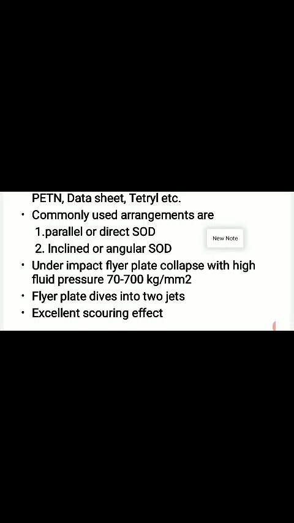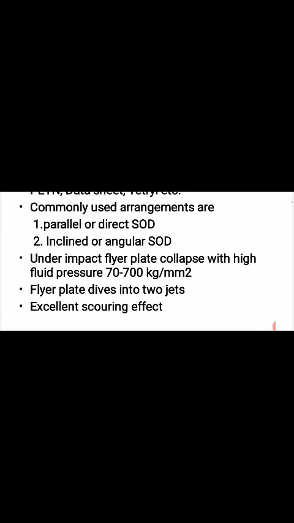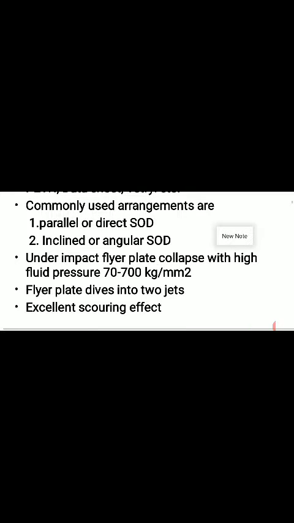In the inclined type arrangement, the welding conditions are controlled by inclining the flare plate at a carefully preselected angle with the horizontal and adjusting the explosive charge to drive the plates together at the optimum velocity. Under the impact, the flare plate collapses with high fluid pressure between 70 to 700 kg per millimeter square.